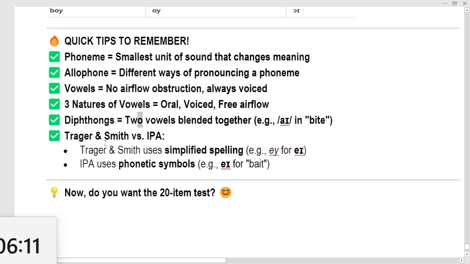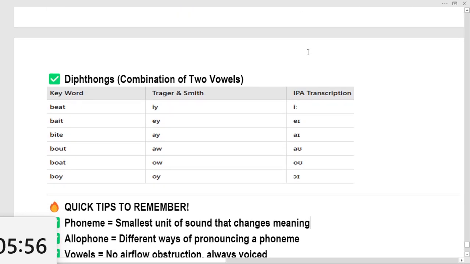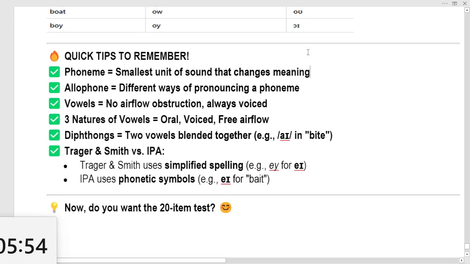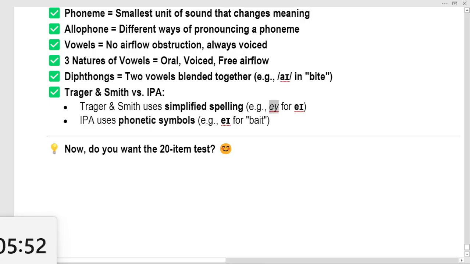Example sa AI, nagiging bite. So, yung Trager and Smith, it uses simplified spelling. Diba? Yung A. Yung example ng A, bait. Yung bait, ini-spelling na niya kung paano siya i-pronounce.